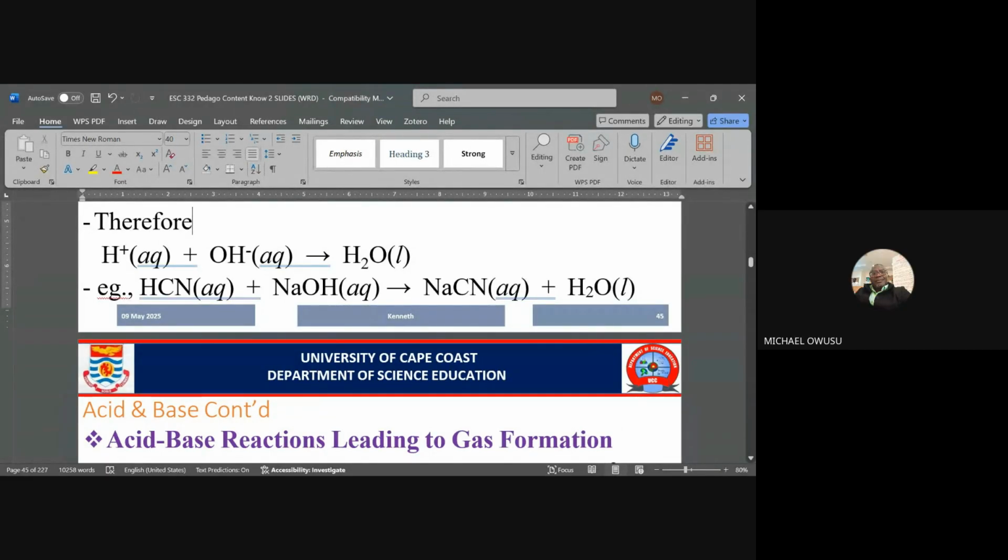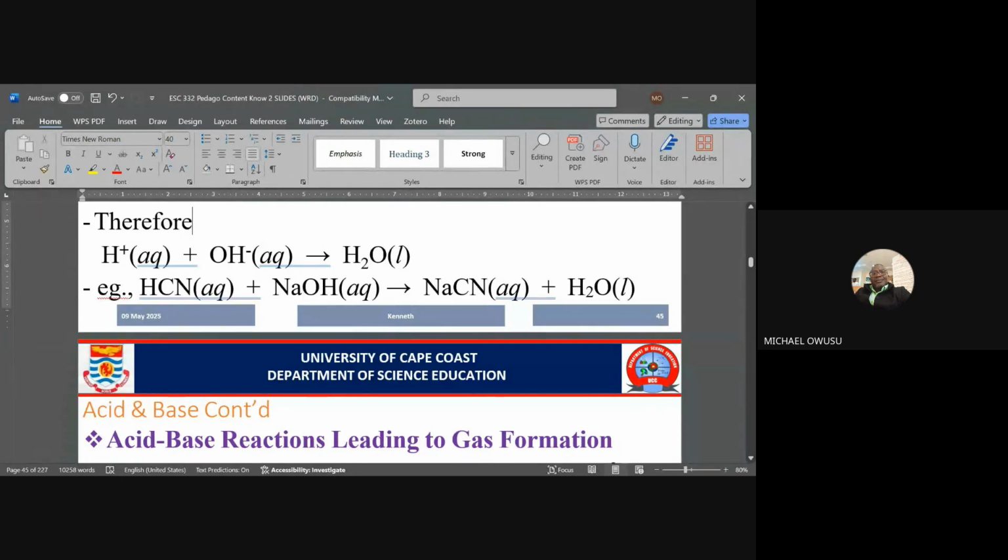It's an acid. So is it strong or weak? This one is a strong acid. So it's reacting with a strong base, which is sodium hydroxide, to produce sodium cyanide and then water.